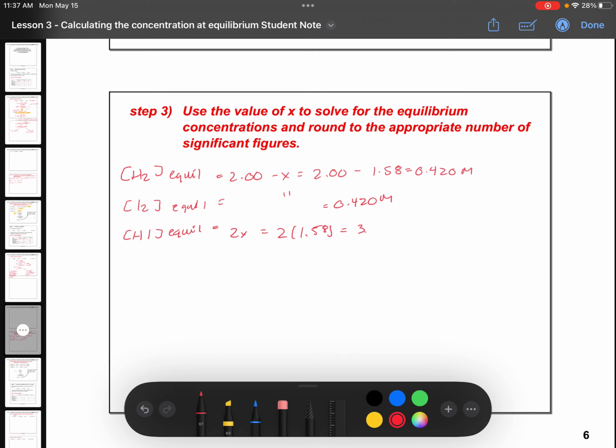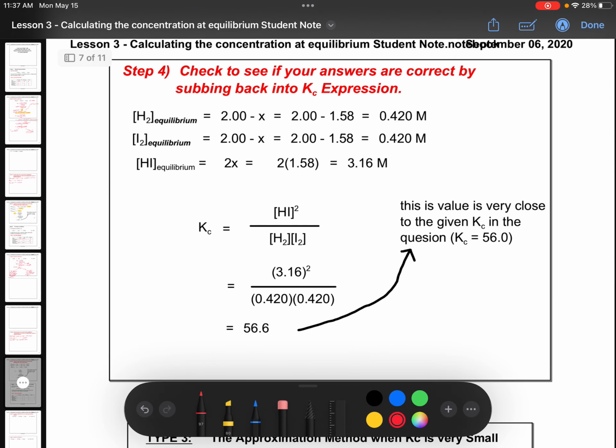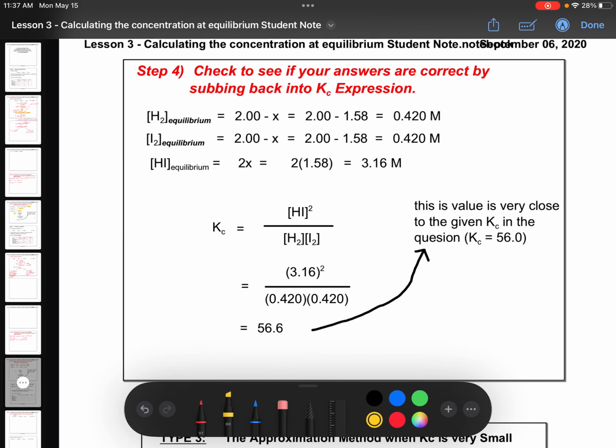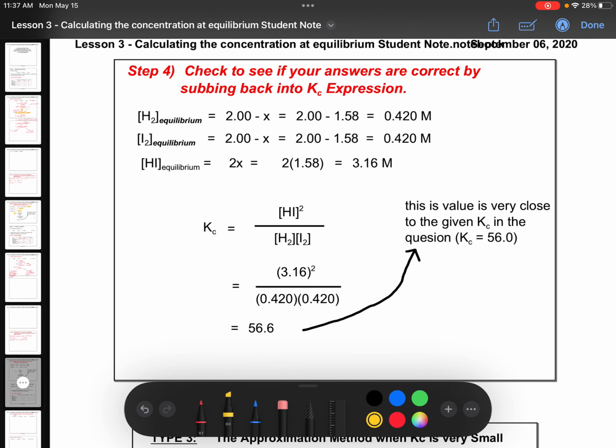And then our HI equilibrium is 2x, which is equal to 2 times 1.58, which is going to be 3.16 moles.